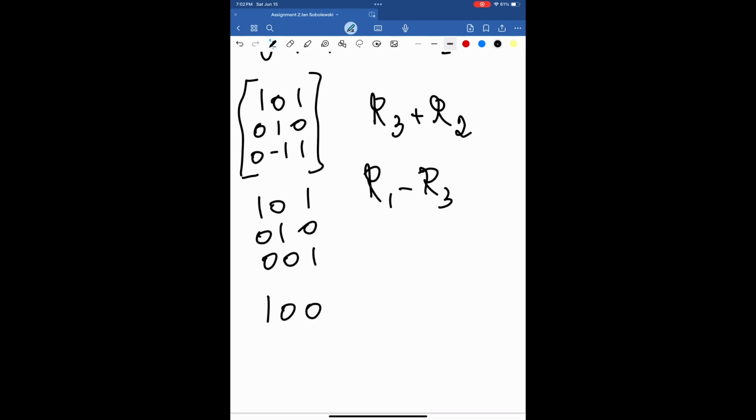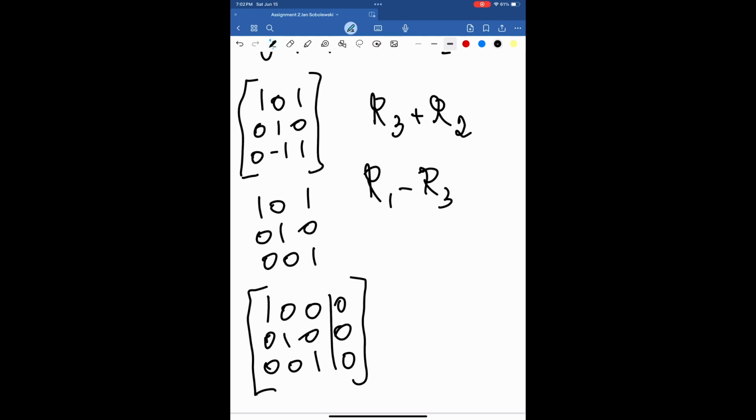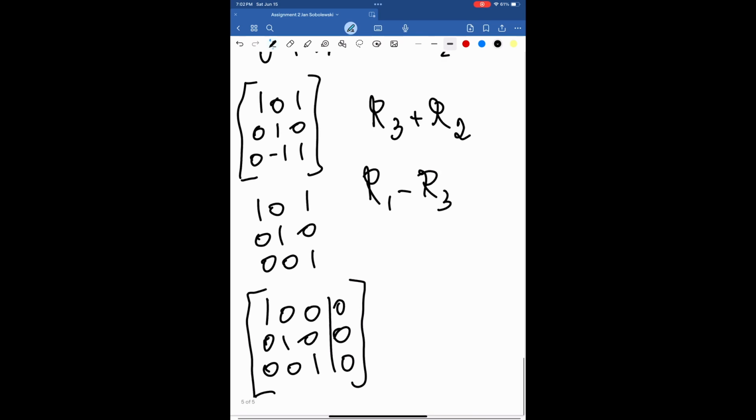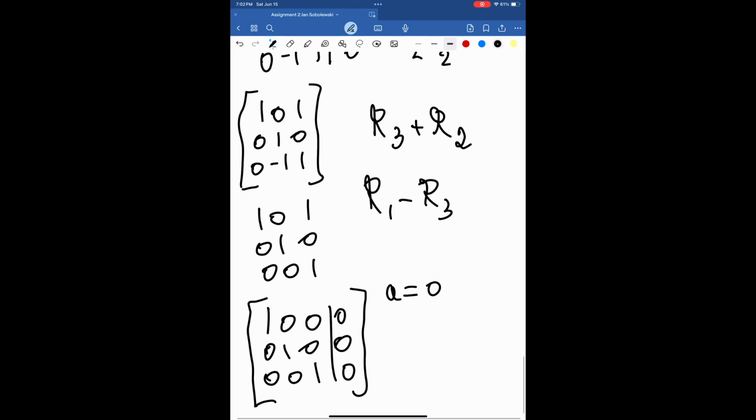So now we have the row echelon form for our matrix. And look at that, it's linearly independent, it fits our condition. There are no zero rows anywhere. So we are happy: a equals 0, b equals 0, c equals 0. Yay, we proved it.